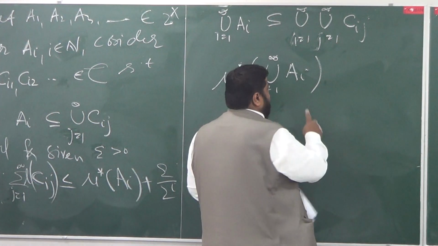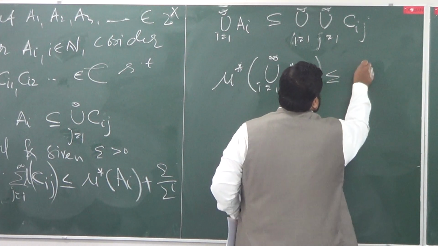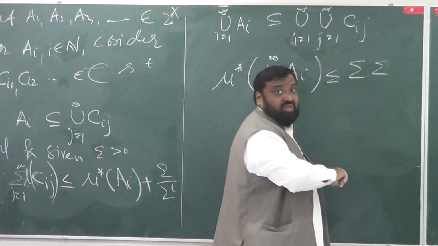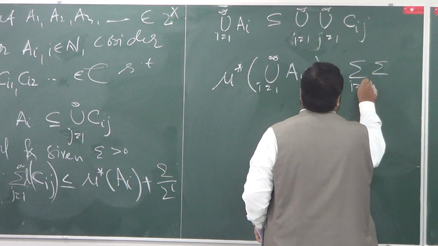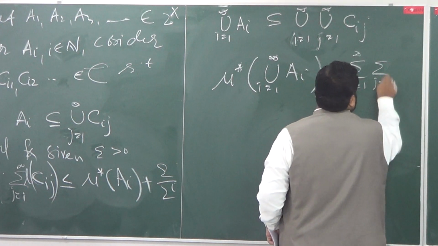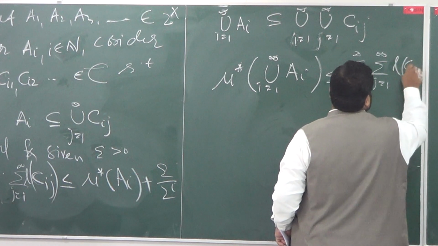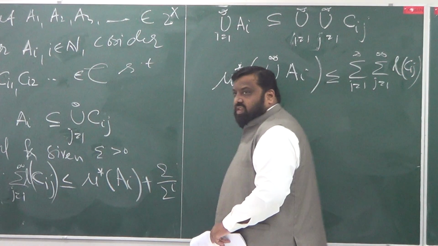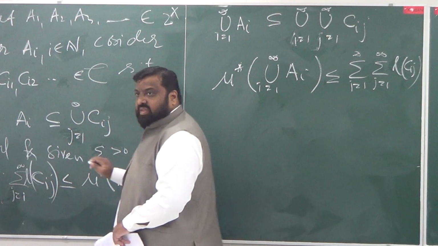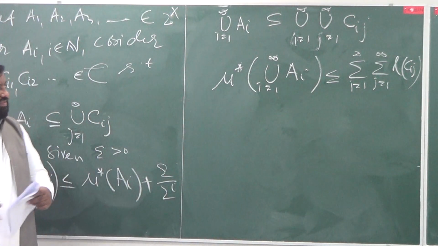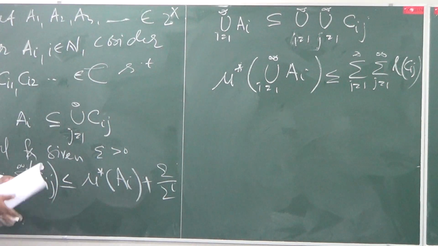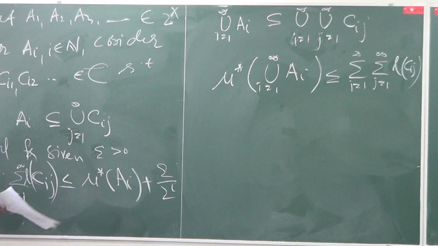So in other words, I can estimate this by a double sum, i equal to 1 to infinity and j equal to 1 to infinity, of the length of Cij. Because this is an infimum. And if this is the case, we are almost done actually. Think about it.